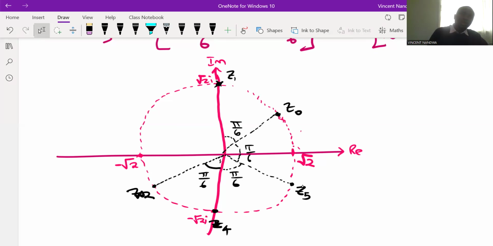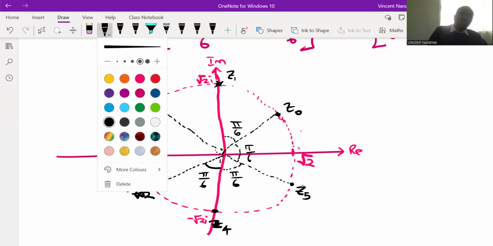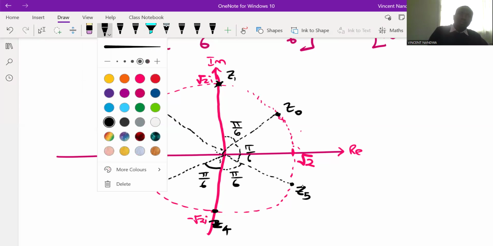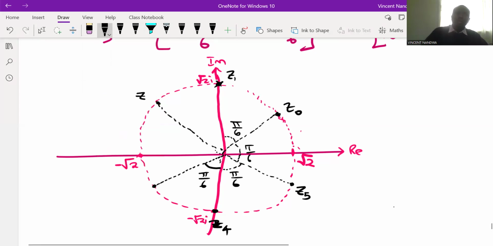And then if you measure another pi over 6, you'll find that the other point will be somewhere here. So negative and then positive.